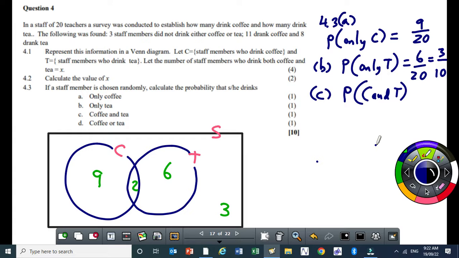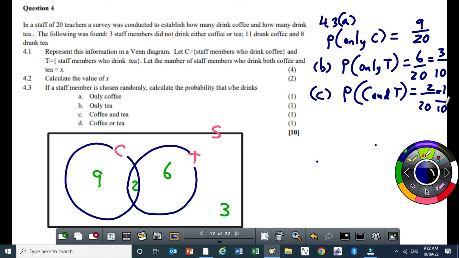I want to use and for the intersection or for the union. Because the set theory is not part of your curriculum. But later after high school, if you start methods for science, that's when you can encounter it. Okay, so this will be equal to 2 over 20, which is 1 over 10.